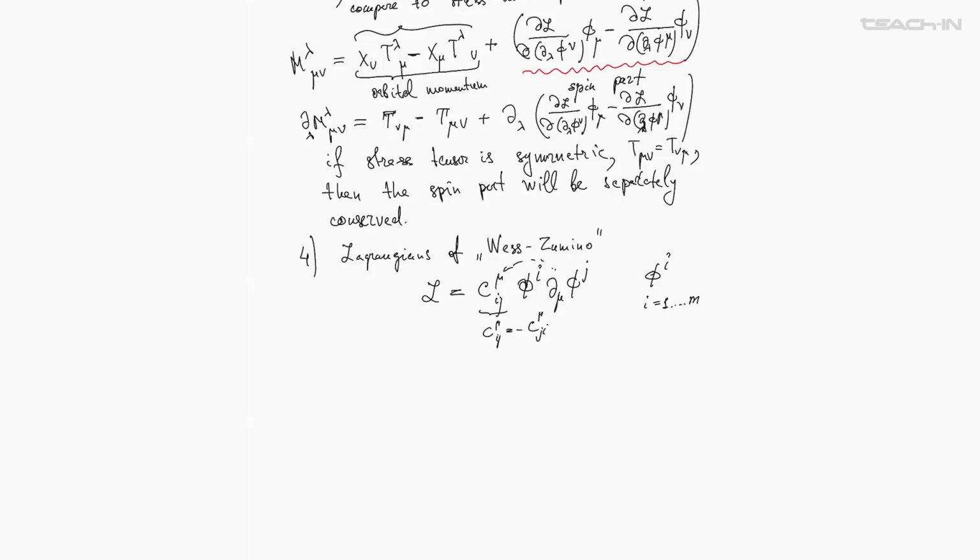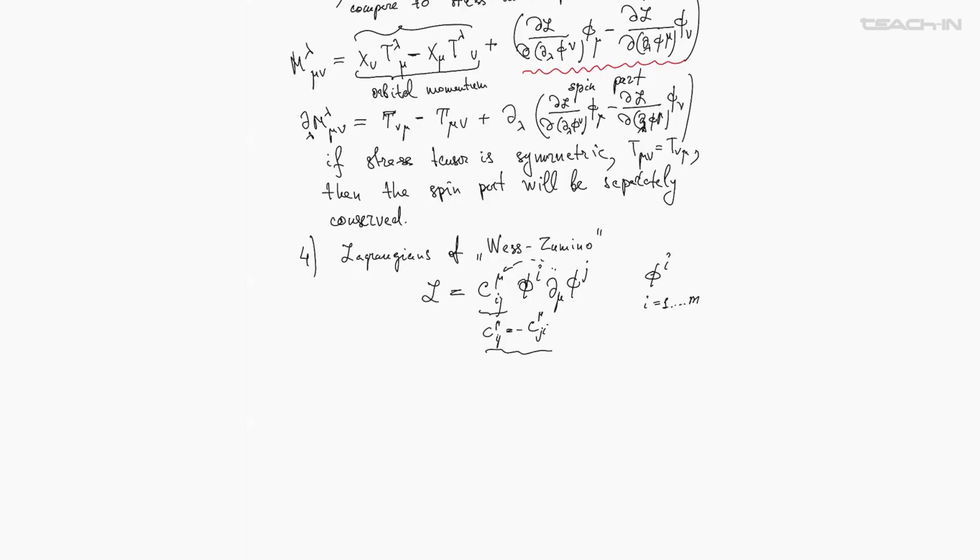So differentiation by parts will return you back to the original Lagrangian because of this property. So the Lagrangian is not a total derivative. Then the infinitesimal transformation of fields phi i, which leaves this Lagrangian invariant up to the boundary term, is a simple shift.